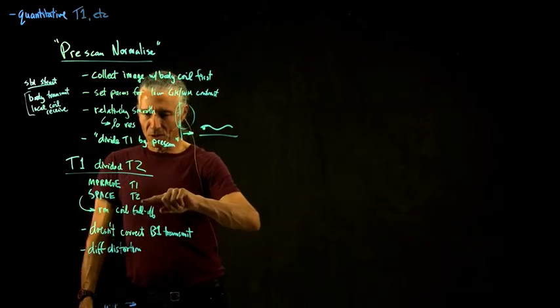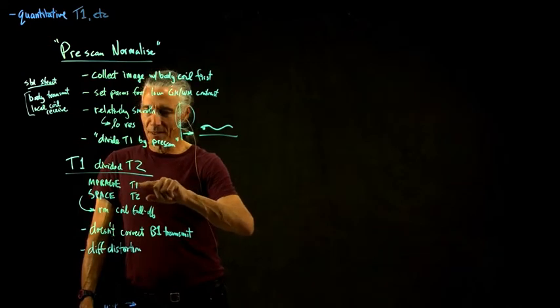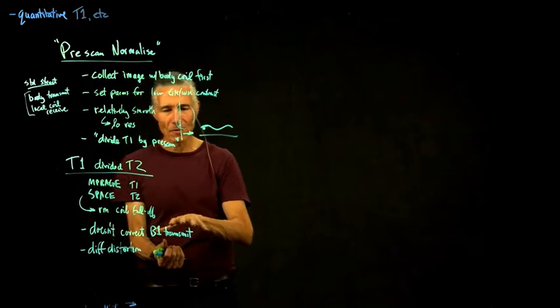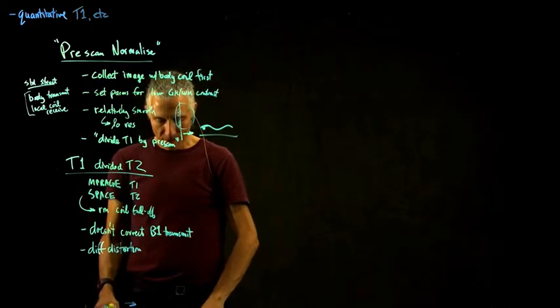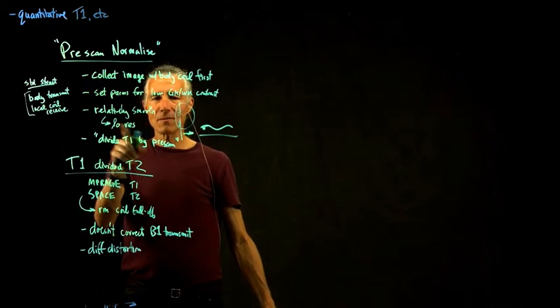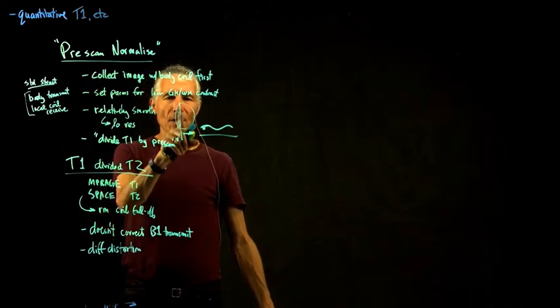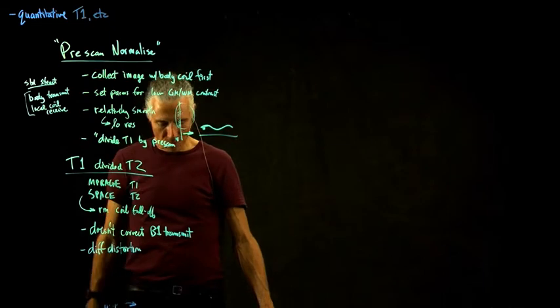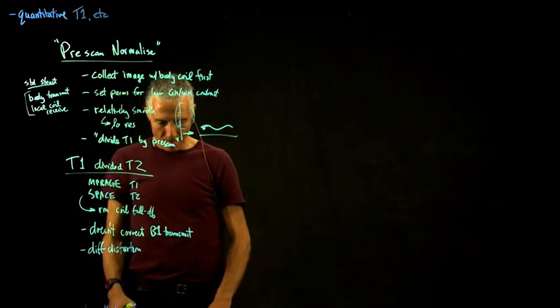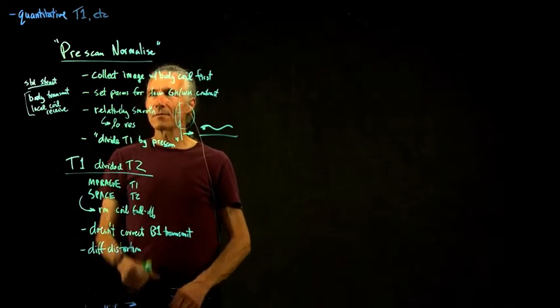It'll fix some of the spatial distortions that will appear in this T1 scan. And if you're dividing one by the other, and they're slightly differently oriented, then that could be a problem. But you're generally saved by the fact that the fall-off field is relatively smooth. So that's another thing you can do.